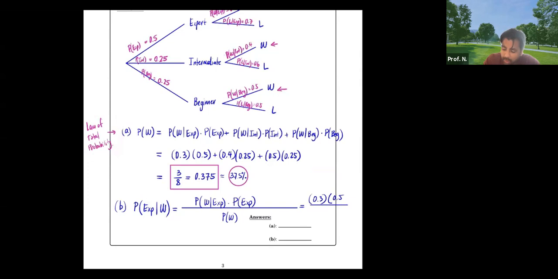And I'm dividing that by 0.375 because I know the probability of winning. So when I do that now, I get 0.3 times 0.5 divided by 0.375, and that's 0.4. Which is 2/5. So this is 3/8 here and 2/5.